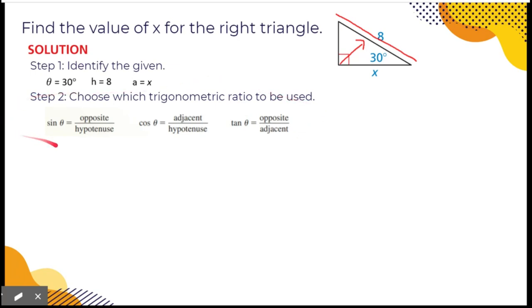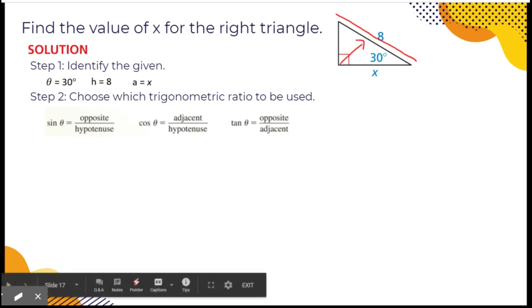In order for us to choose which trigonometric ratio to be used, we focus on our given. We do have hypotenuse and adjacent. So which of these 3 trigonometric ratios has hypotenuse and adjacent? We use our cosine theta because we do have adjacent and hypotenuse.